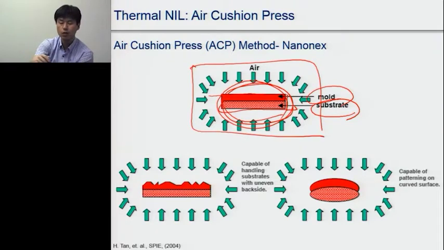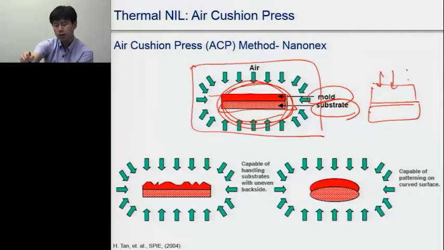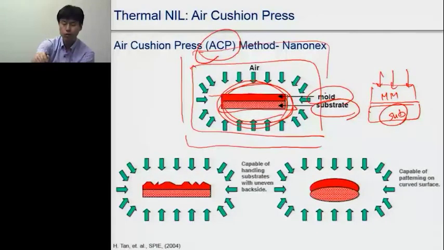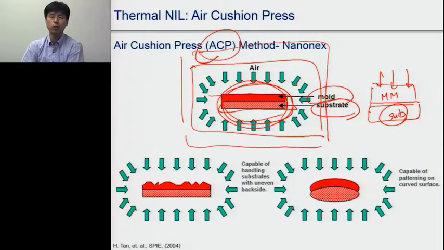Instead of the piston type, which only applies pressure between the master mold and the substrate, the air cushion type applies the pressure to the chamber.